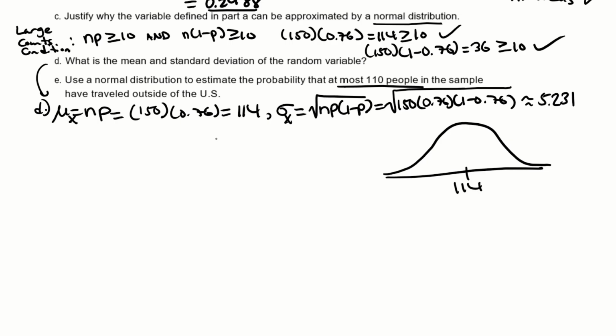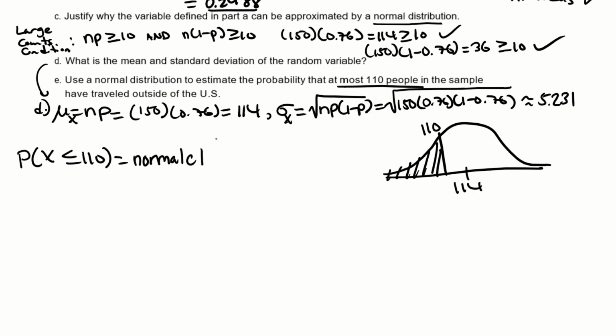I'm not going to write all those numbers, but we want this to be at most 110, so it's going to be 110 people. We want to shade to the left, so we want it to be less than or equal to. So the probability that x is less than or equal to 110. So we're going to use the normal CDF function.